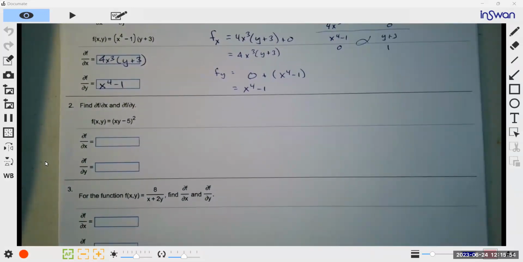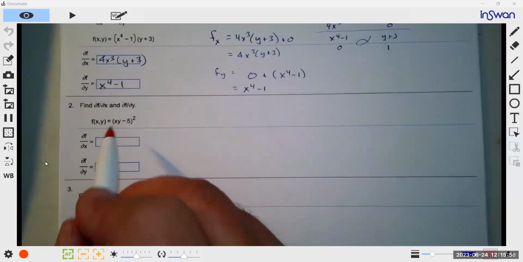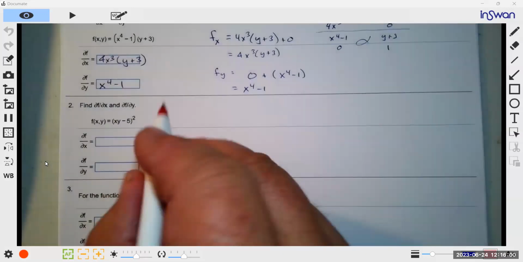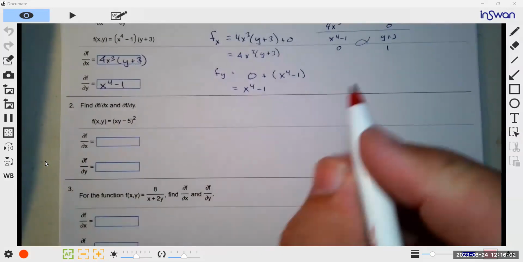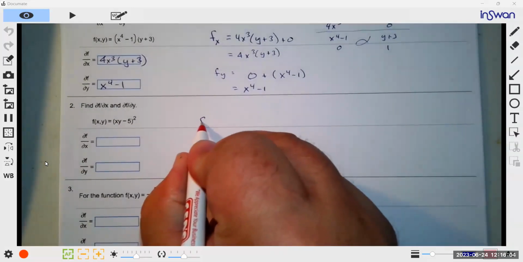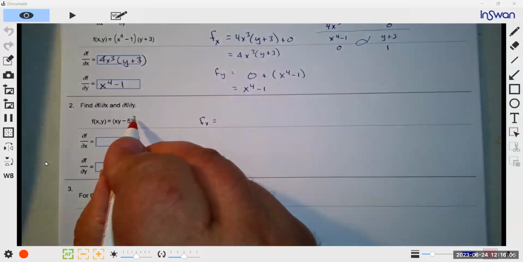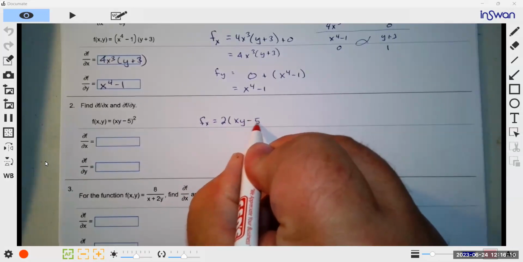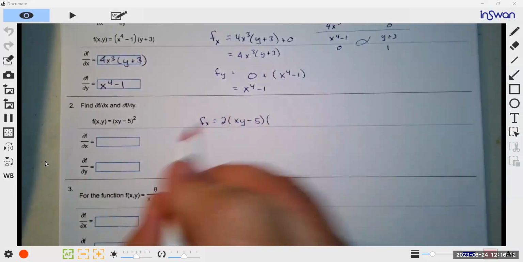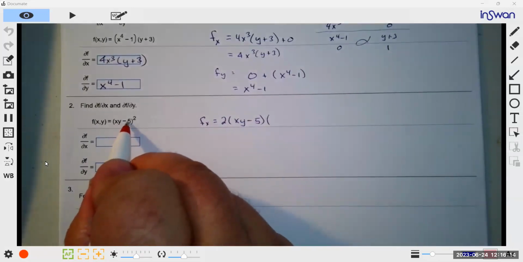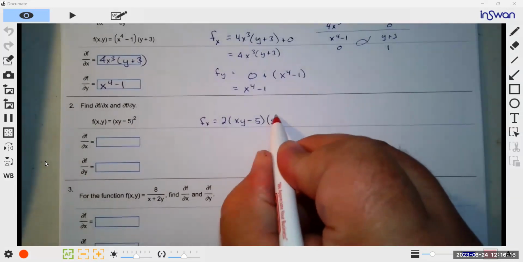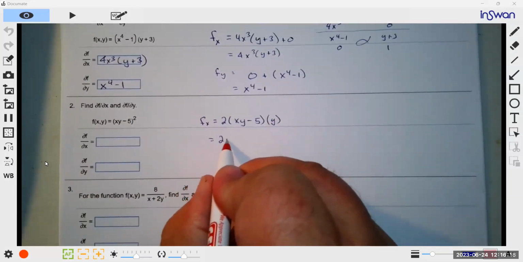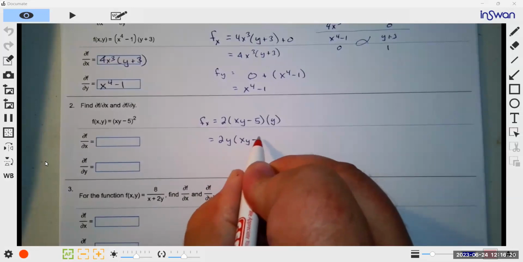All right, now the number 2. Find the partials of x and y. This is the chain rule. So for x, the derivative of the outside, which is 2 (xy minus 5), times the derivative of the inside. That's a constant, so we just have y. So we just have 2y(xy minus 5).